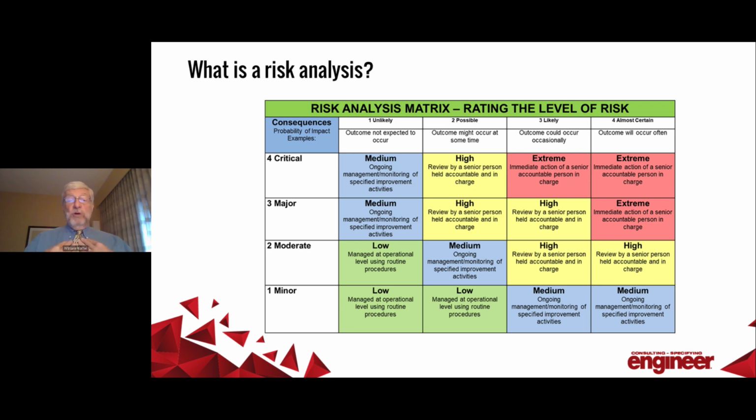Now, in a perfect world, this would be quantitative. I'd have probability numbers or frequency numbers that I could plug into this analysis, and I'd have this fault tree or event tree analysis. But many times we have to look at more of a qualitative risk assessment. And here's a fairly simple risk analysis matrix.